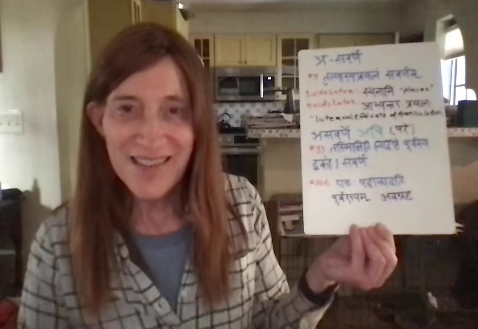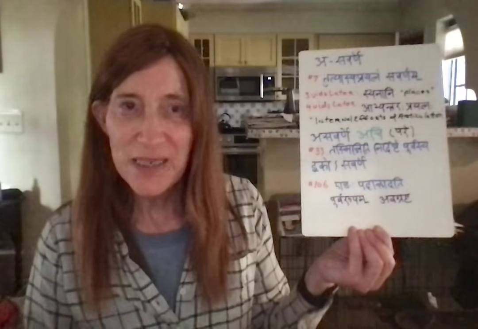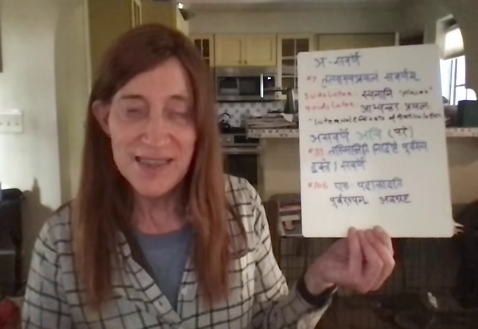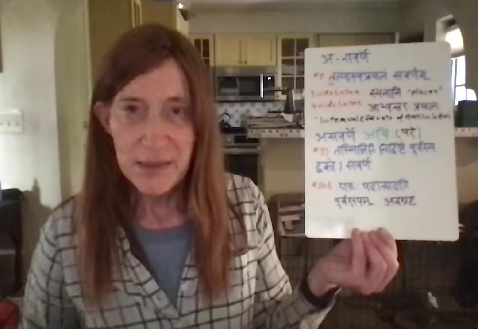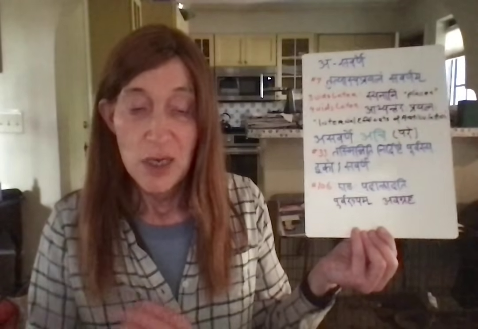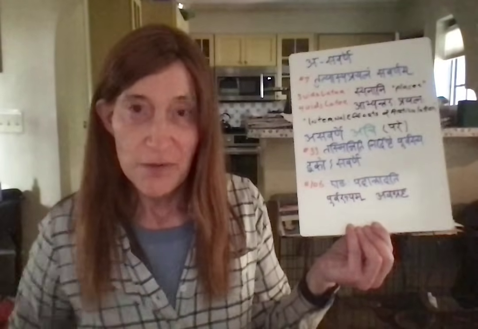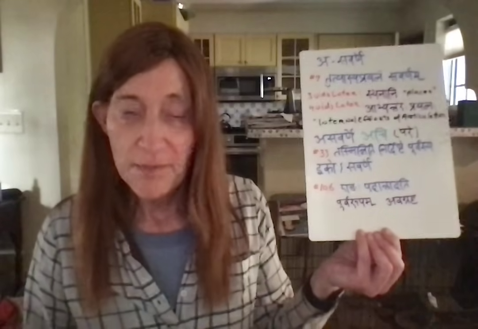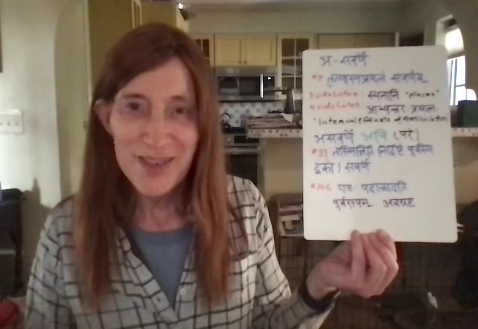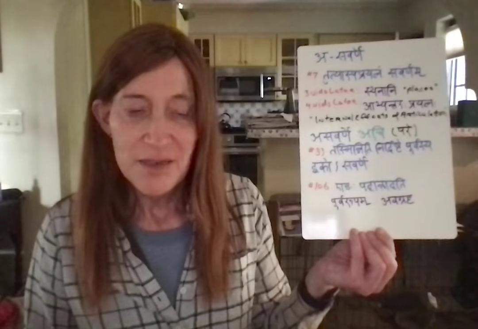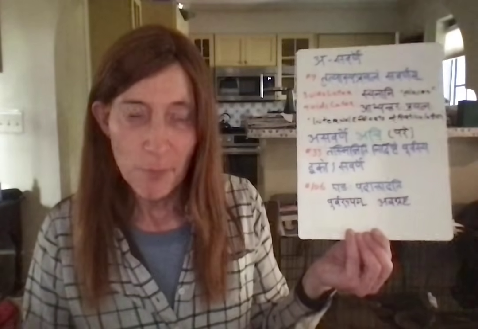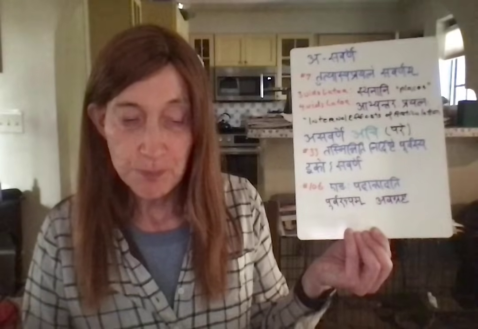So if they want to say something should be in saptami, it says tasmin. So tasmin iti, thus, nirdishte purvasya refers to the one preceding it. Again, as we end up usually saying asavarne achi pare when that thing follows.